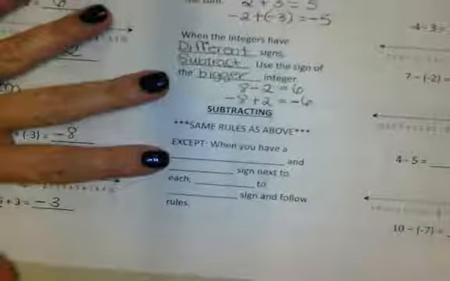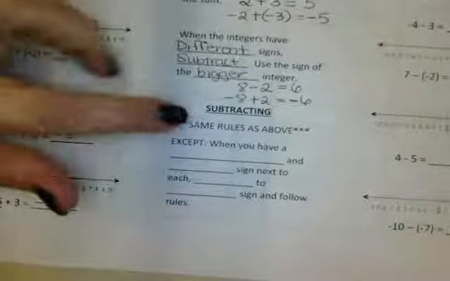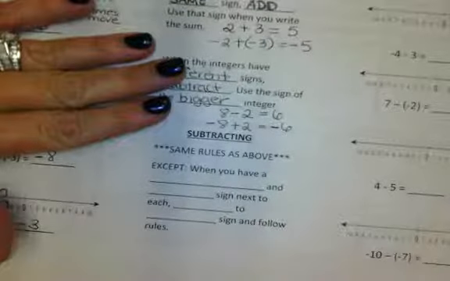There are a couple things with subtracting. You should still have your note sheet, so we're still working from that. Okay, so there are the same rules as above: same signs you add, different signs you subtract. That's no different.